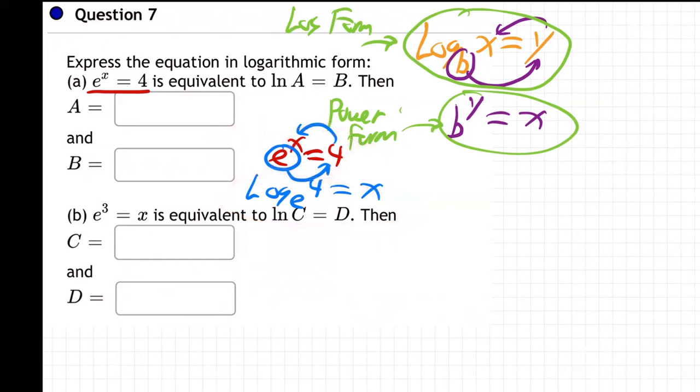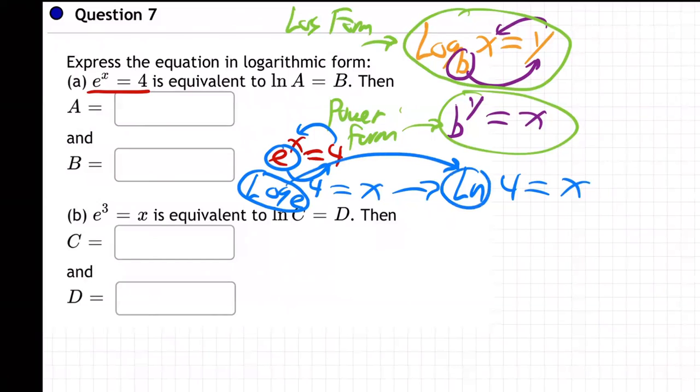Okay, and what is log base e? What's the shortcut for log base e? What does that mean? ln. Log base e is the same as ln. ln is a shortcut way of writing log base e. Are you aware of that?